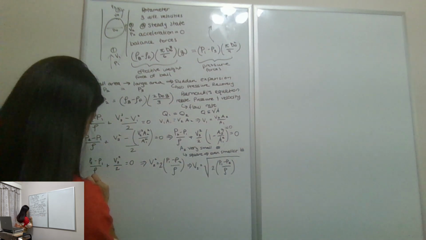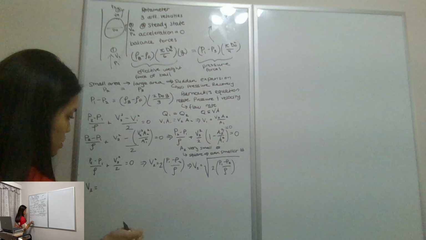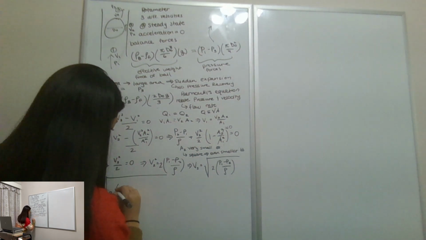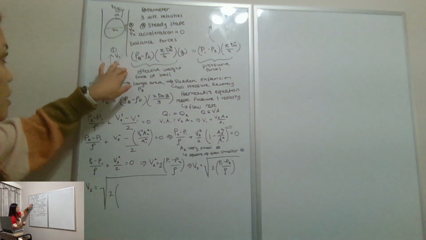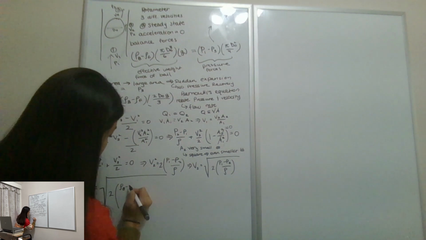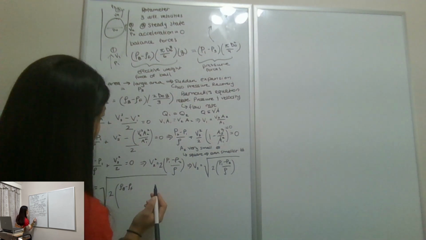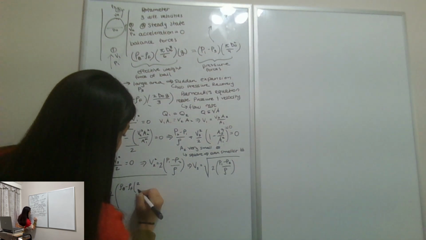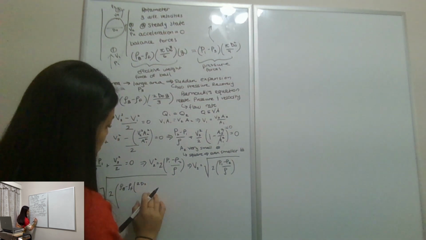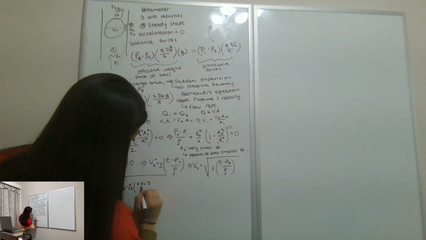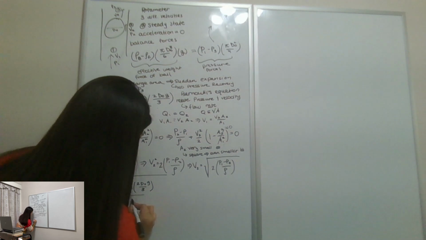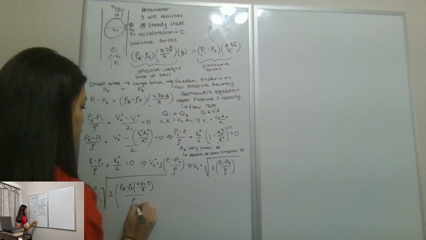So we're going to have the velocity at position 2 is equal to the square root of 2 times the quantity of this equation here, so that's going to be the density of the ball minus the density of the fluid times 2 times the diameter times the gravitational acceleration divided by 3. And it's going to be this entire quantity over the density of the fluid.